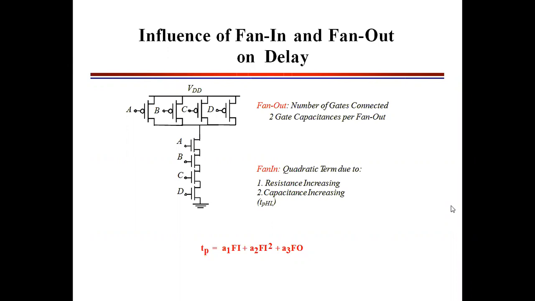For TP, the propagation delay, it is A1 F1 plus A2 F2 square plus A3 F out, that is the final output. In this way you can add these terms, or you can sum the entire fan in and fan out contributions to calculate the influence of fan in and fan out on the delay factor. Fan in and fan out also contribute some sort of delay in any device, so you have to remember this point.